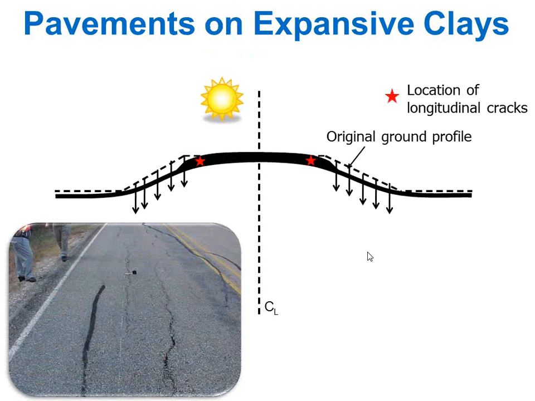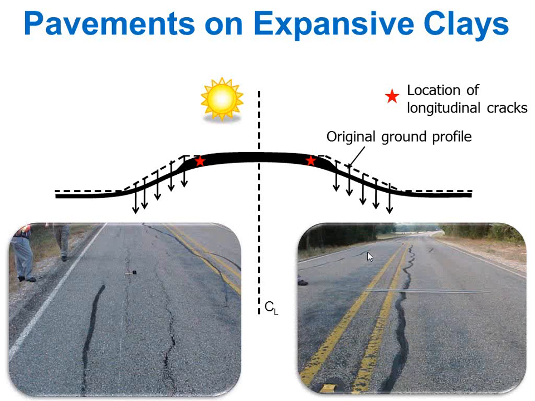And essentially, the damage in the presence of expansive clays is very characteristic. You're going to have longitudinal cracks, and these are extremely characteristic. They have nothing to do with traffic. Very often they occur before the road has even been opened to traffic. If you are driving through Texas, typically on low volume roads, and you see this type of damage, that's expansive clays.